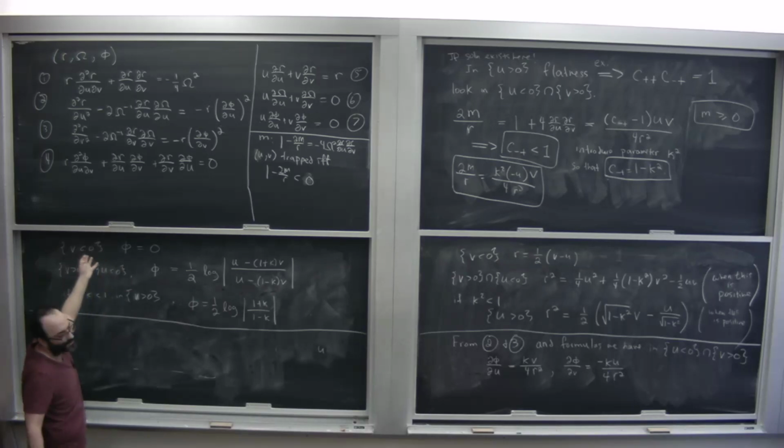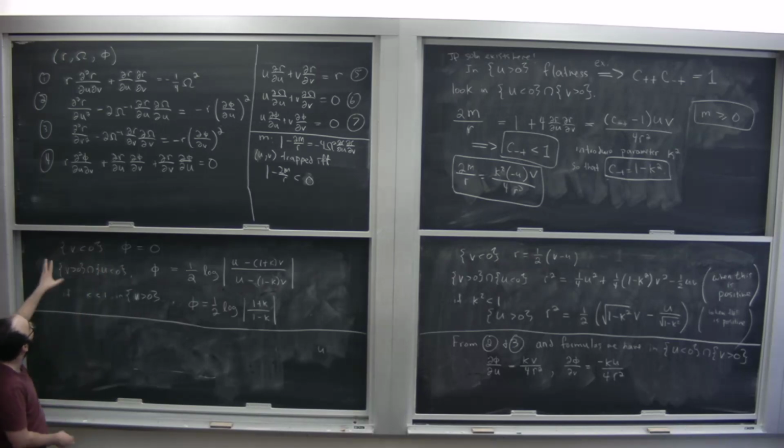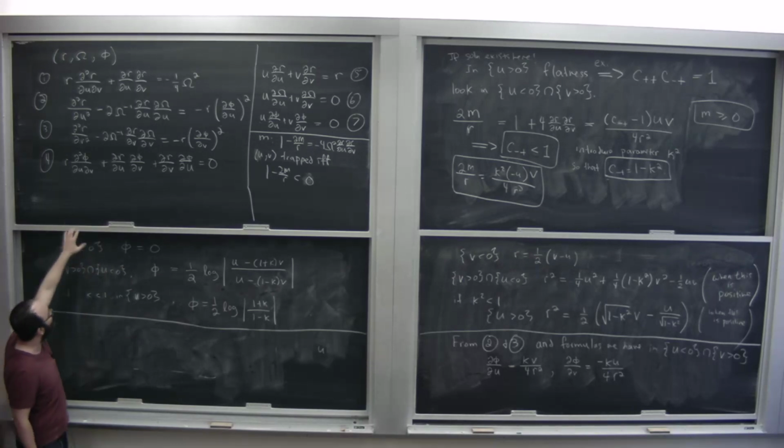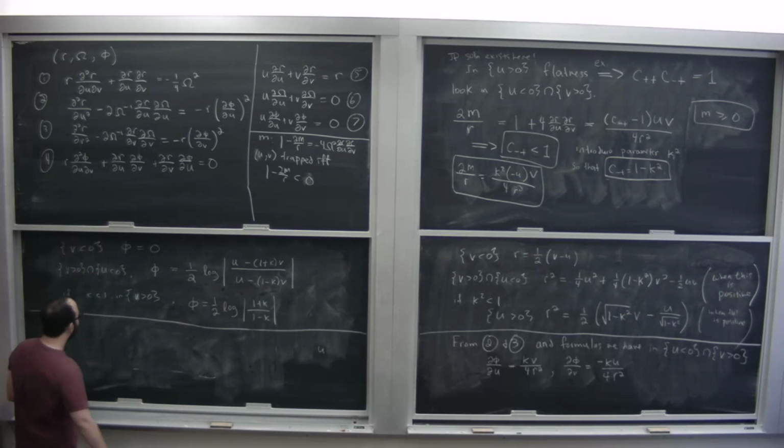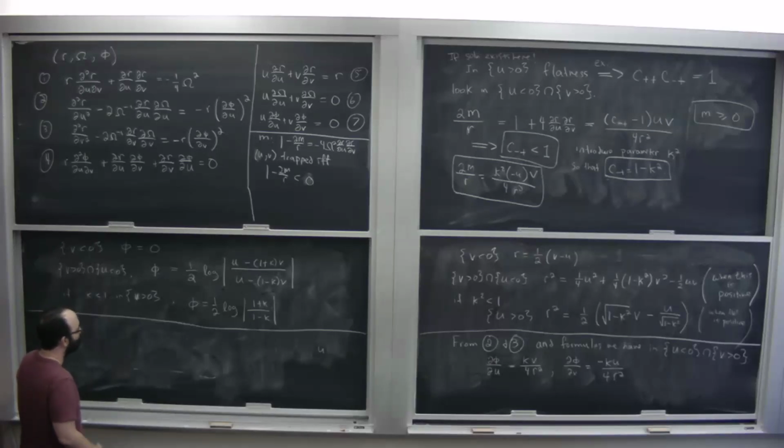But of course, the lapse is just 1, so it's not a difficult equation to check. But you can go and actually check all the equations. We really use 2 and 3 very heavily, and we also use 1. We know 1 is true, but you can check that 4 is true. In some sense, the way we've presented it, you do have to check that. Okay, fine.